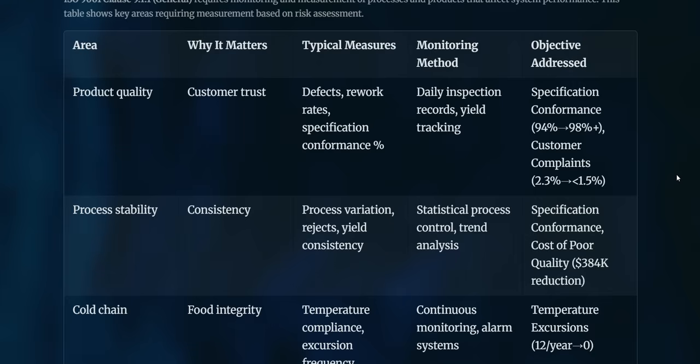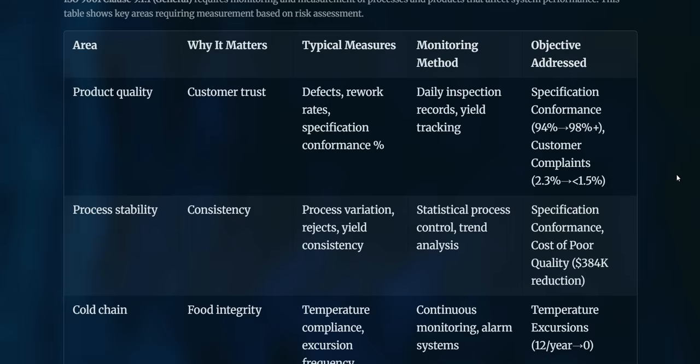First, the area: product quality. What matters here is customer trust. The typical measurements include defects, rework rates, and specification conformance percentage. The monitoring methods here include daily inspection records and yield tracking.